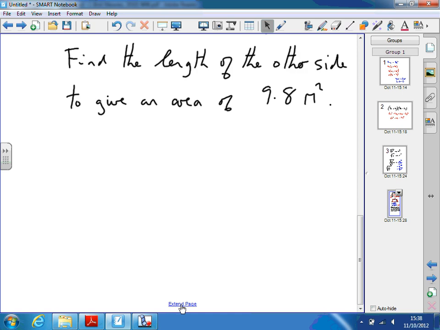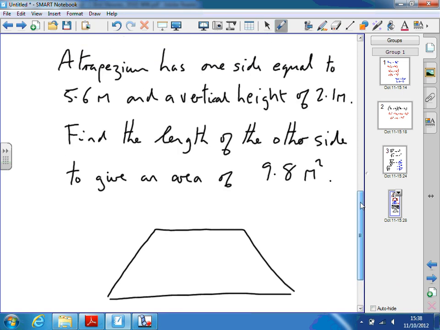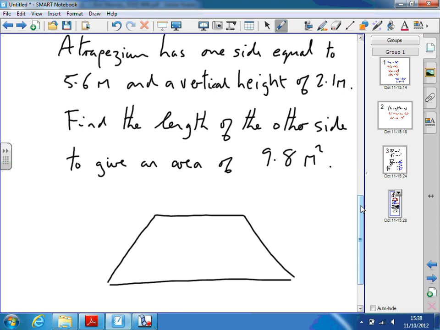Draw it. Good idea. Always draw it. And then, well, no, what we're going to do is maybe put on the values, right, Brad? So one side equal to 5.6. Well, I don't know whether that's going to be the long side or the short side at the moment.